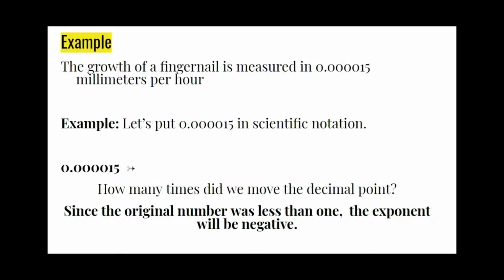So let's go back to those numbers that we were working with at the very beginning when I asked you if you would even want to do a math problem with those. The growth of a fingernail is measured in 0.000015 millimeters per hour. Let's put 0.000015 into scientific notation.